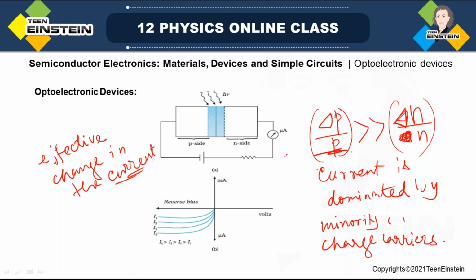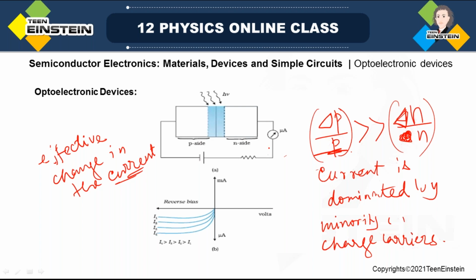So photodiodes are used as photodetectors, and they are operated in reverse bias condition because a large change in minority carriers will give rise to a large change in the effective current only when we operate photodiodes in reverse bias condition.